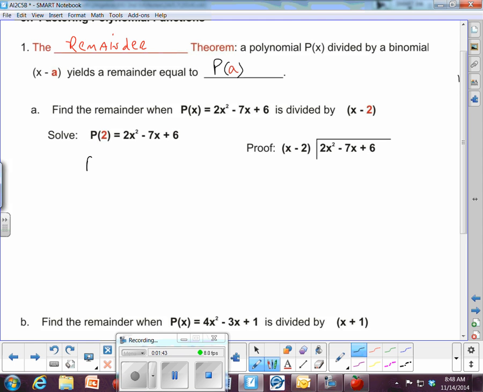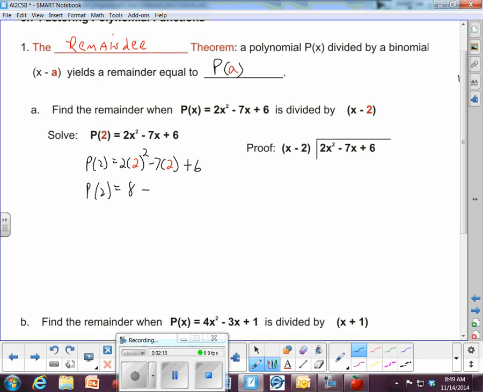So to do P of 2, I'm going to put 2 in, and I'm going to do it in red everywhere where the x is, right? So I'm putting a red 2 in there, and I'm putting a red 2 in there, right? Everywhere where the variable is, we're putting in 2. So the next line, 2 squared is 4, and 2 times 4 is 8, so that's an 8.